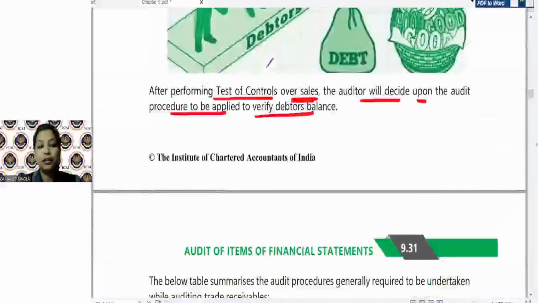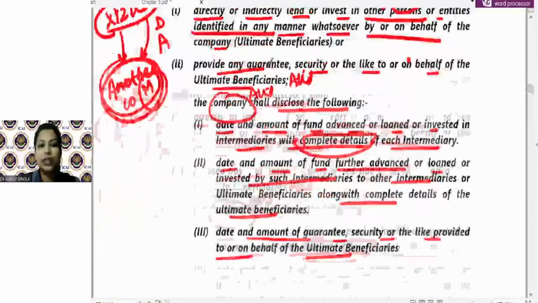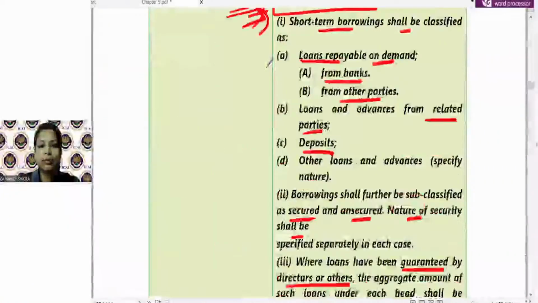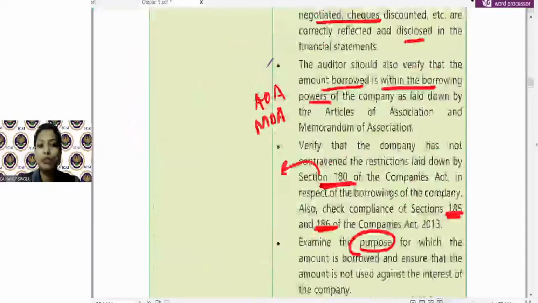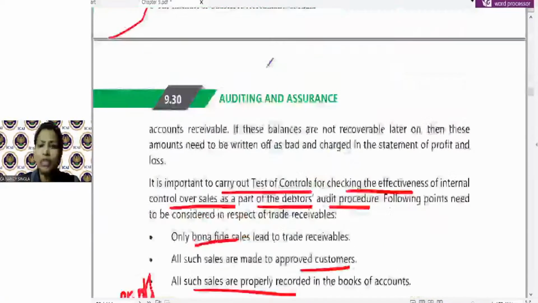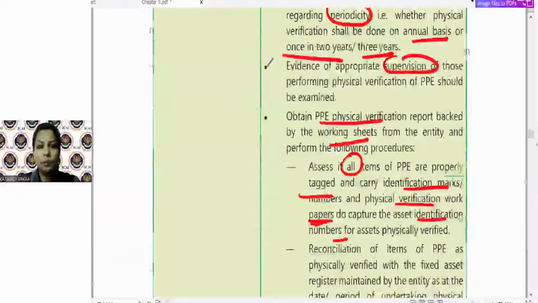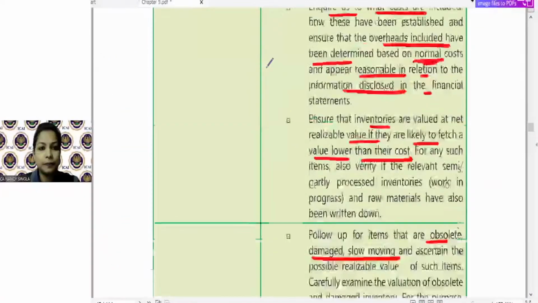Once you have read the module in entirety, I always say in entirety, including the examples and illustrations. Example illustrations are not given in this chapter as such, but for other chapters also, that is going to help you prepare for your MCQs, case scenario and true false. And it is very easy. Once you go through it, you will be able to remember, I'm sure.